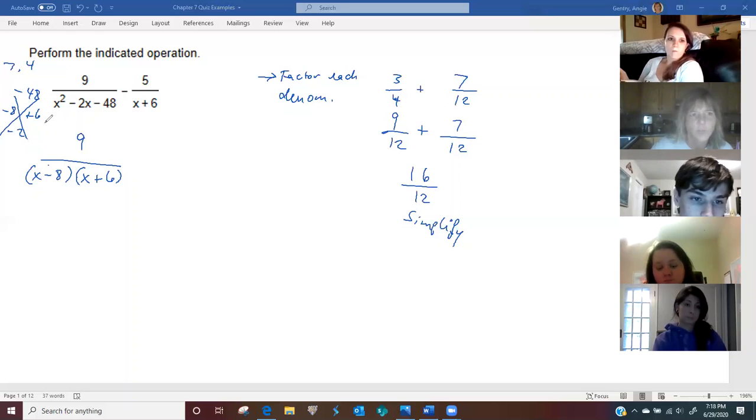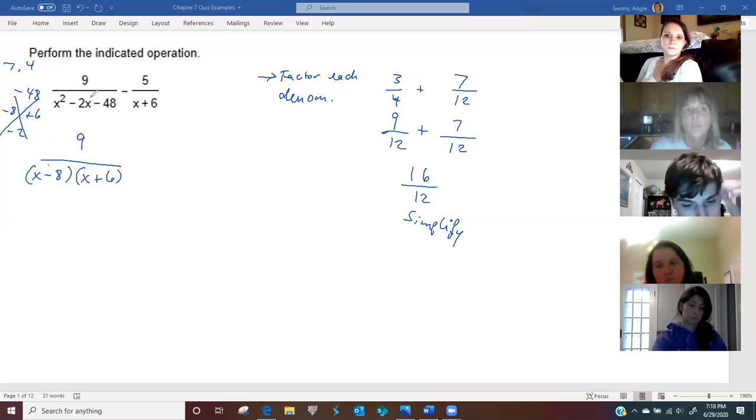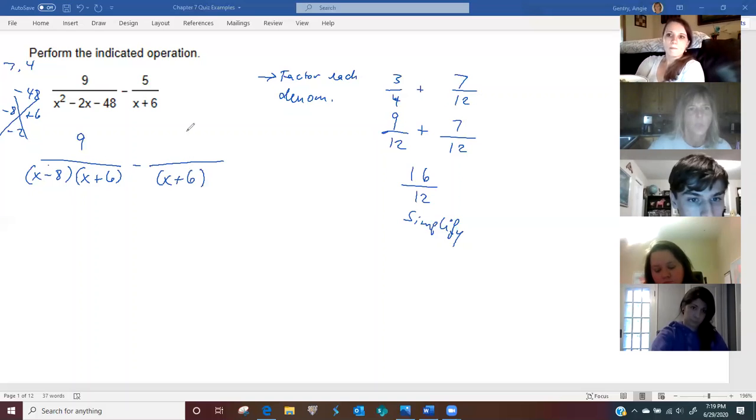This was a simple trinomial, and the last thing you want to do is make it difficult. Imagine if you decided to do everything over the top or grouping. Wouldn't you make a huge mess? You want to keep it simple if you can. Now this is an x plus 6. So you factor each denominator.